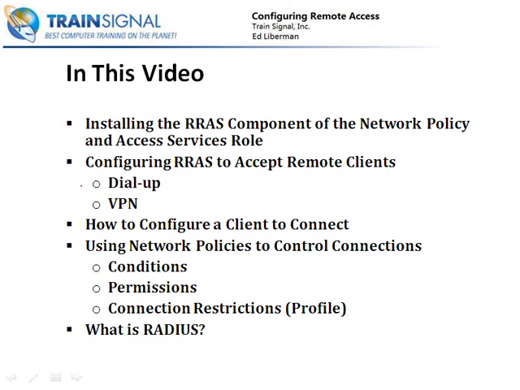Now these connections can either be made via dial-up, which is where we take an old analog 56K modem and dial in through the phone lines. Or these connections can be made via VPN, which is where the client makes their connection via their internet connection.